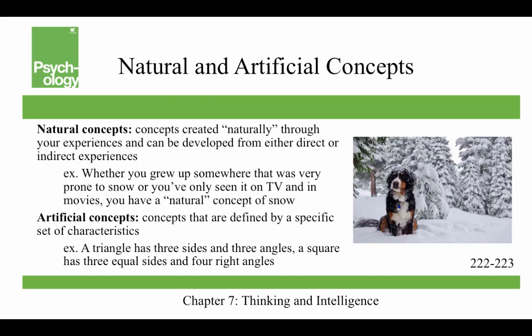Natural concepts are created naturally through your experiences and can be developed from either direct or indirect experiences. So it doesn't really matter if you grew up somewhere where there's a lot of snow or if you've only seen it on television and in movies, you have a natural concept of what snow is. Artificial concepts are ones that are defined by a specific set of characteristics.